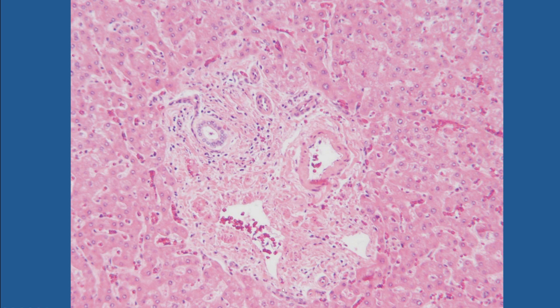And here is a portal vein which shows a muscularization of its wall. Remember, I told you that the portal vein is usually a very thin wall structure. You don't really see much in the wall, but this one actually has muscle. It turns out that these are features of portal vein thrombosis.